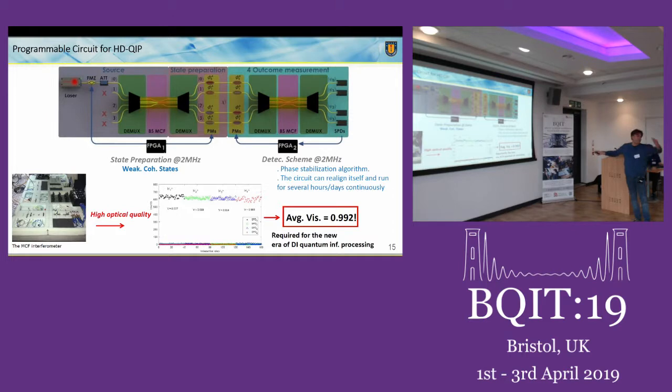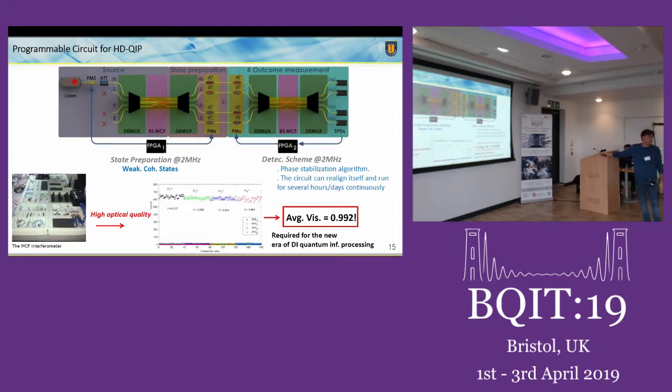You can set a threshold looking at the counts on the other detectors. For example, you can put a threshold of 99.5%, and the system keeps playing with the phase until you get to this point, and then you start the procedure. You can do it in 0.1 seconds, because in 0.1 seconds we have about 10,000 counts.